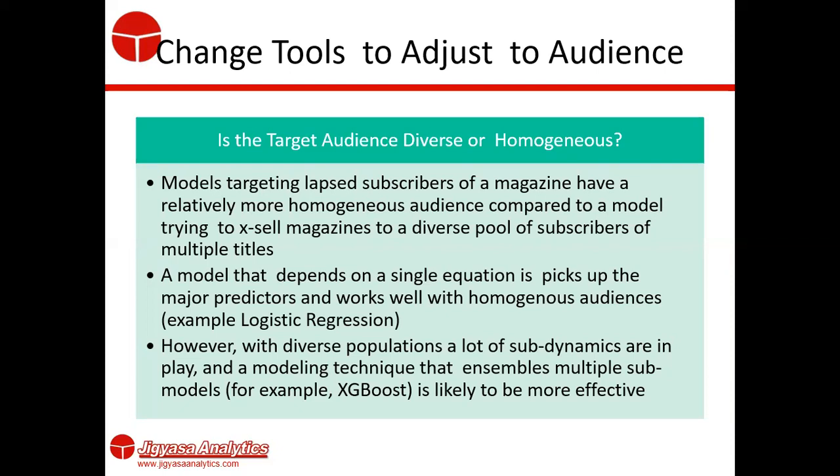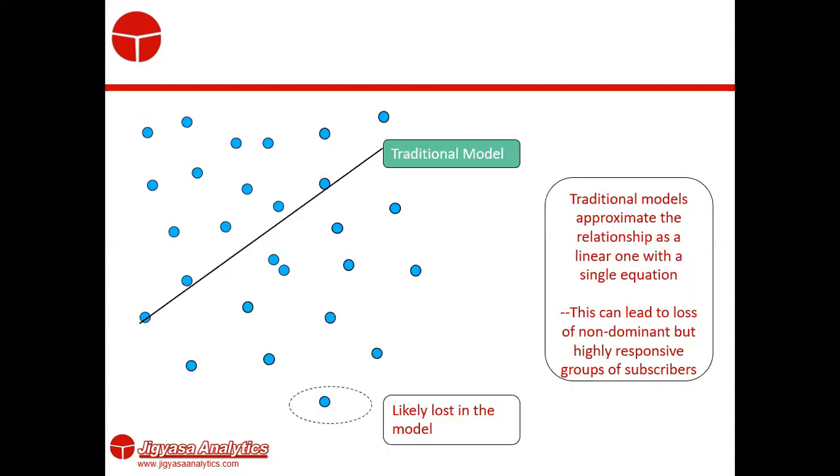And just to illustrate this point a little bit more, this shows what a traditional model does. You have all these pockets of potential subscribers, and a traditional model is trying to build a model which minimizes the sum of square of errors, and is going to create some kind of an equation which captures the main trends.